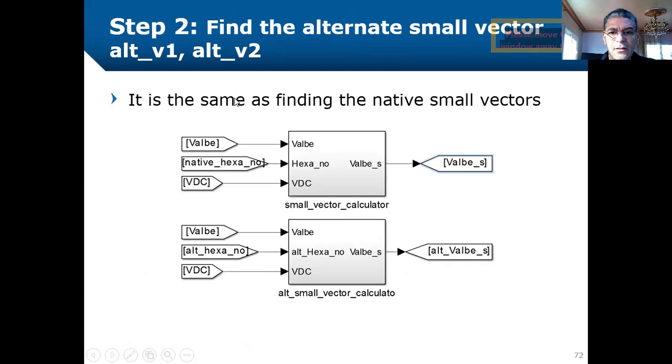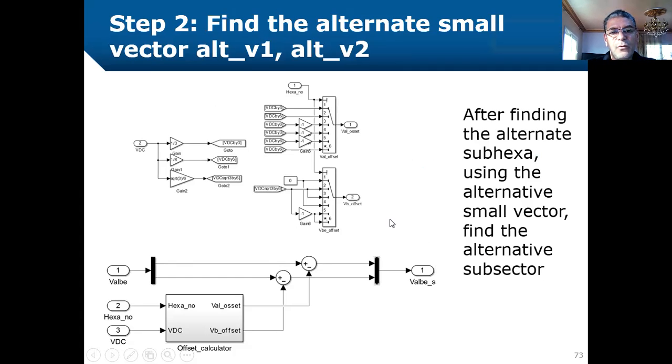After getting this V alpha beta small and alternative V alpha beta small, we get the offset based on the hexagon number, and we subtract the alpha offset and the beta offset from V alpha beta to get V alpha beta small and alternative V alpha beta small.